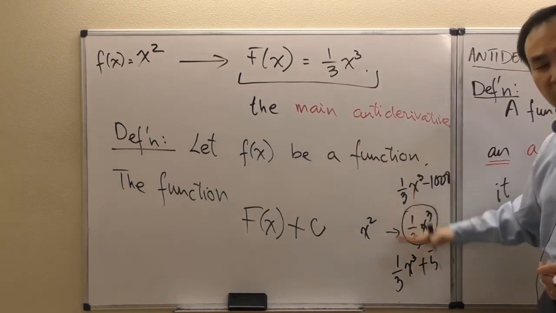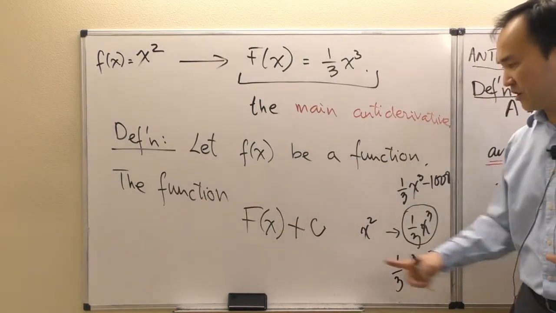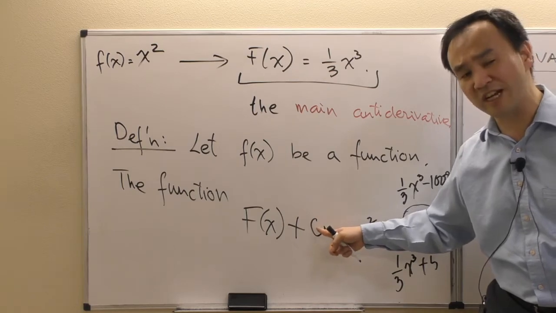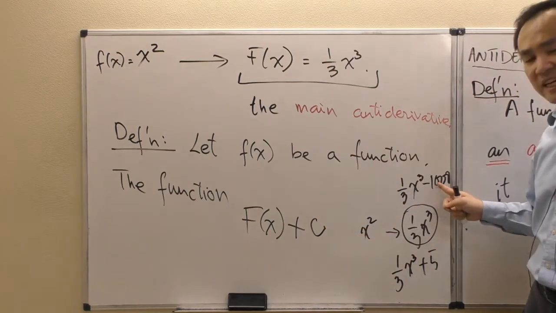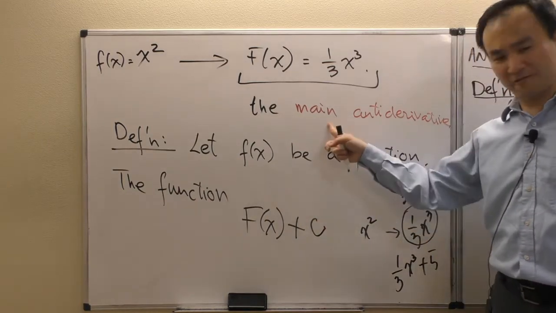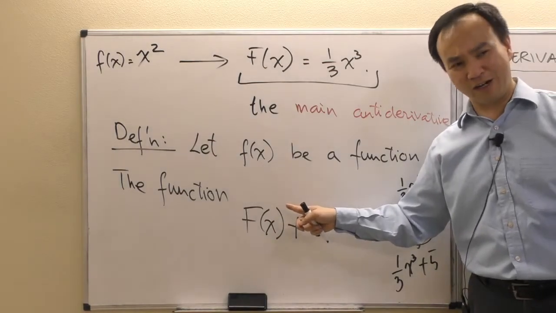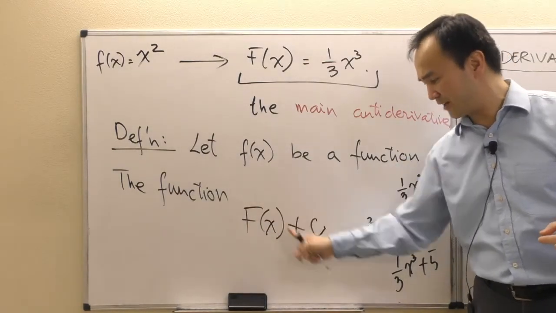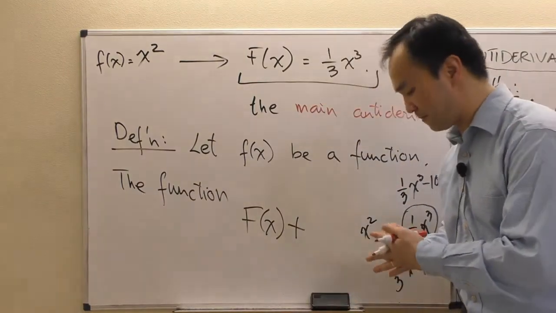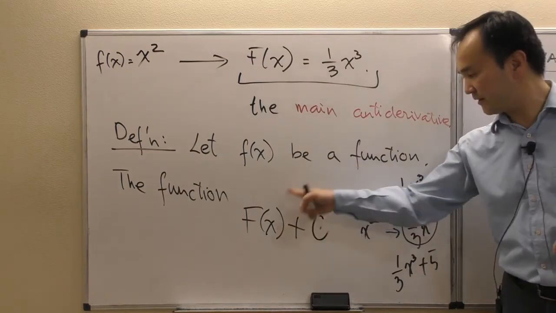Any other guy could be a different function depending on what value c is, but generally any other guy is related to the main antiderivative by the main antiderivative plus a constant c. Some instructors call it the core derivative.